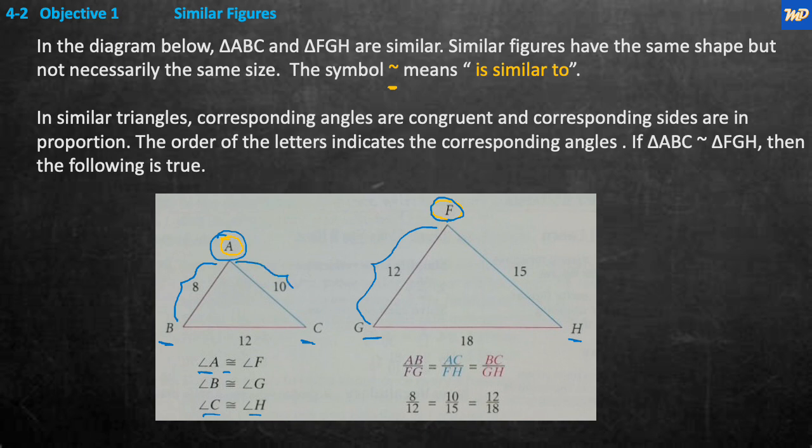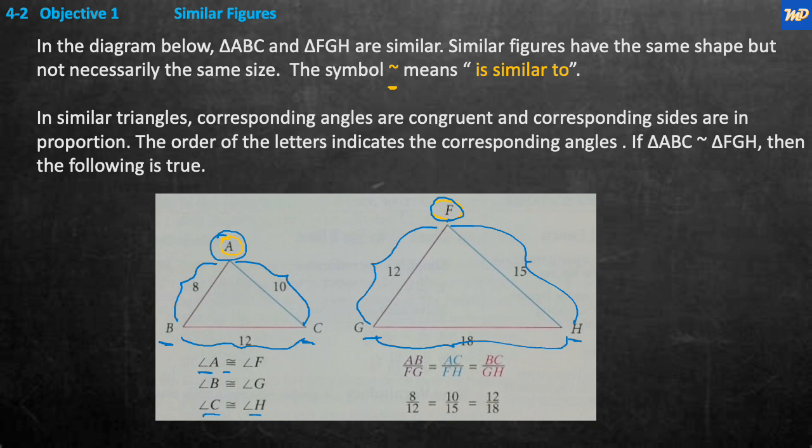AC is proportional to FH. And BC is proportional to GH.